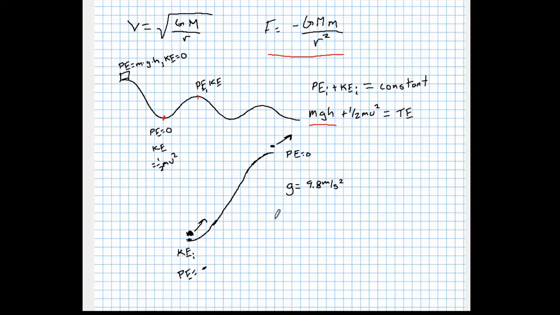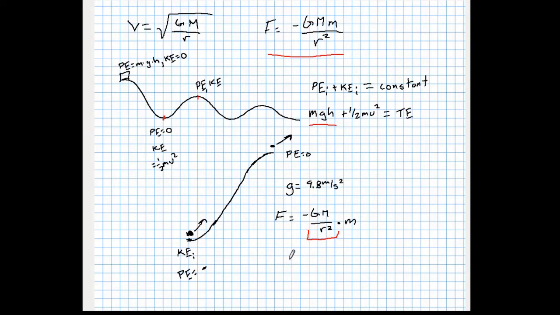If I take that force law and write out negative G M over r squared times the mass of the object that's being pulled, and then plug numbers in for G, 6.67 times 10 to the minus 11, that's Newton's gravitation constant, times the mass of the Earth, divided by the radius of the Earth squared, that's the 6,370 kilometers.